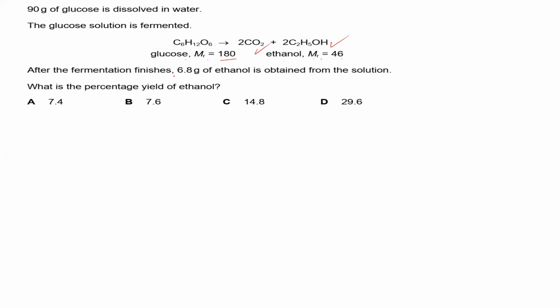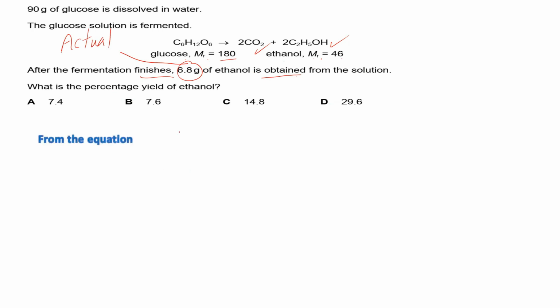After the fermentation finishes, 6.8 gram of ethanol is obtained. This is the actual yield from the solution. What is the percentage yield of ethanol?